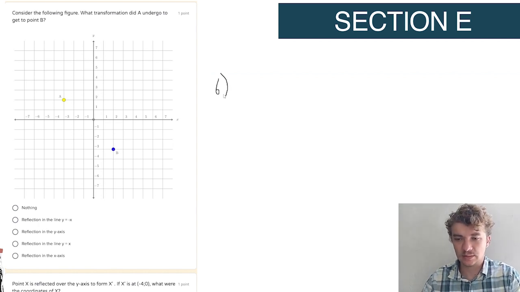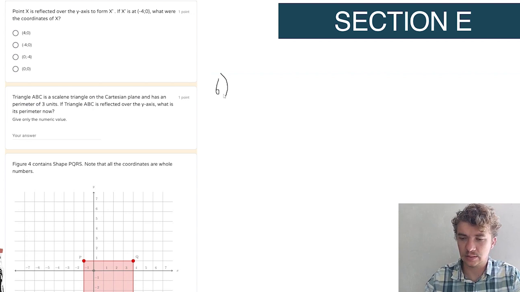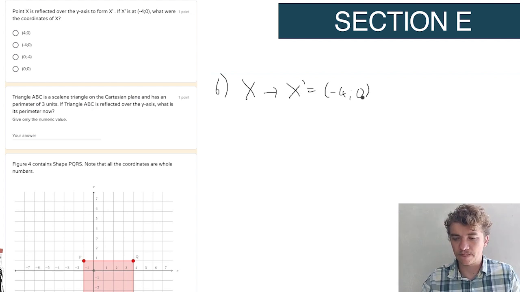Okay, next question, question 6. Point X is reflected over the y-axis to form X accent. If X accent is at minus 4, 0, what were the coordinates of X? So X goes to X accent, which is equal to minus 4, 0. We also know that this was a reflection over the y-axis, right?